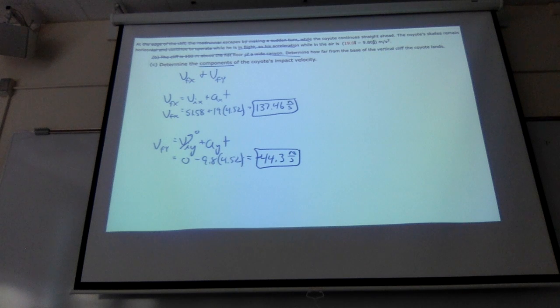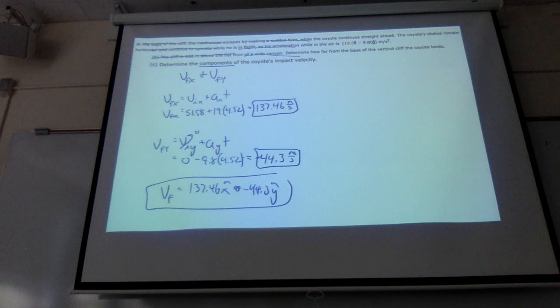You could combine these and write it like this, -44.3 y hat. Same exact thing. So you could combine those. It didn't specify it had to be written that way. Okay.